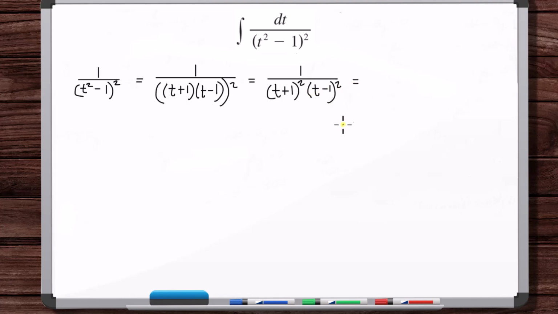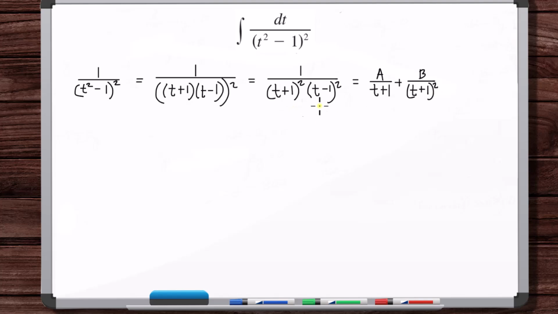And so now the next step is we want to write the form of the decomposition. We do this for each factor. So we'll start with the (t plus 1) squared. When you have a linear factor to a power other than 1, what you do is put the linear factor to the first power with a constant in the numerator, plus the linear factor to the second power with another constant in the numerator.